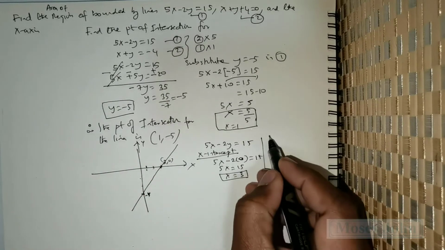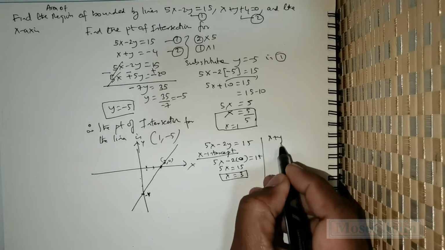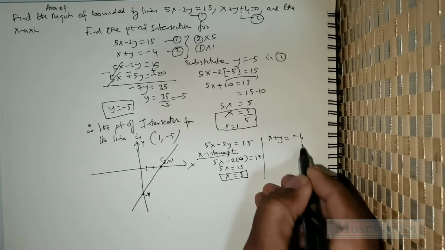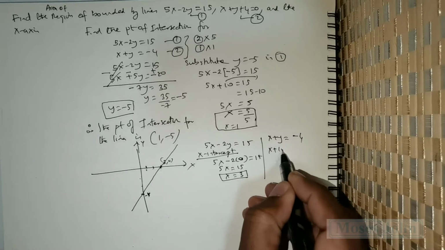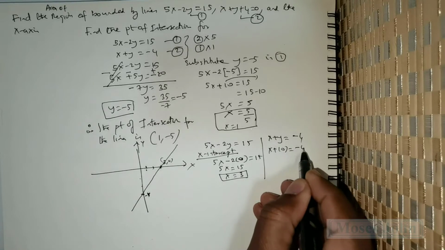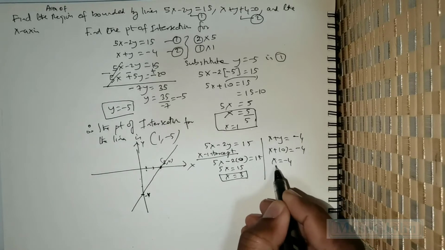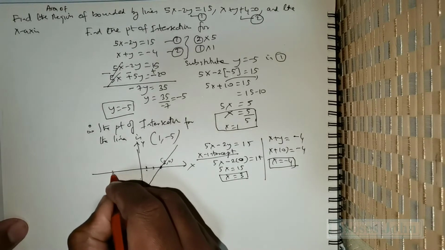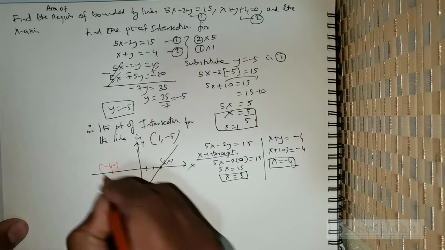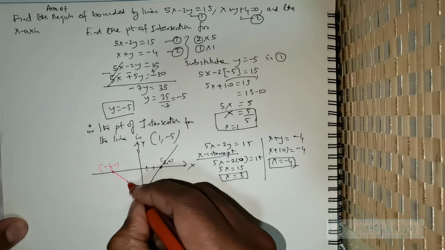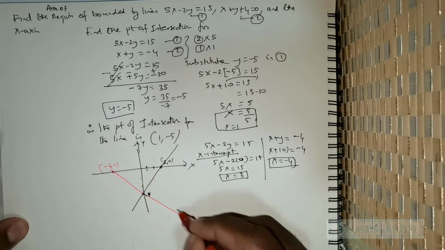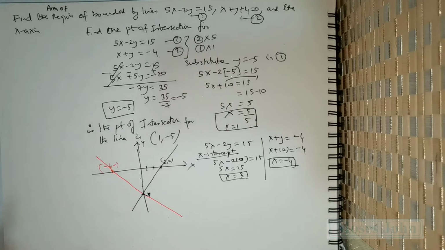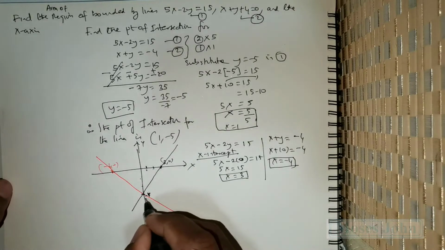So take the second line. The second line is x + y = −4. You substitute y = 0. You get x = −4. So the next point would be over here, (−4, 0). If you draw the line, it will be hitting the intersecting point over here.